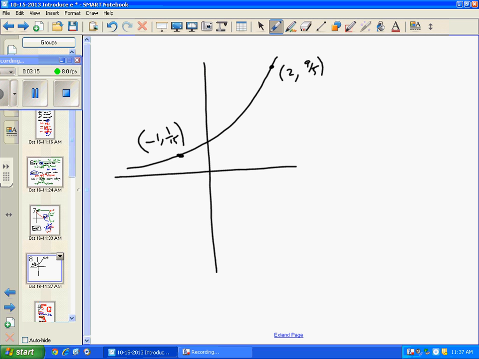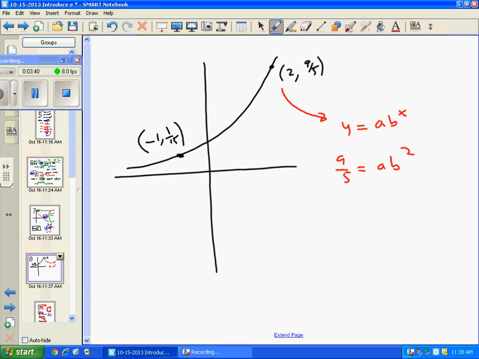So now you don't have the luxury of having the y-intercept, which means that when we plug in either one of these points, we're not going to have b to the 0 power. b to the 0 power is nice because it gave us 1. It's not going to happen here. So we'll just start with y equals a times b to the x, and I'll plug in the first point. 9/5 equals a times b squared.